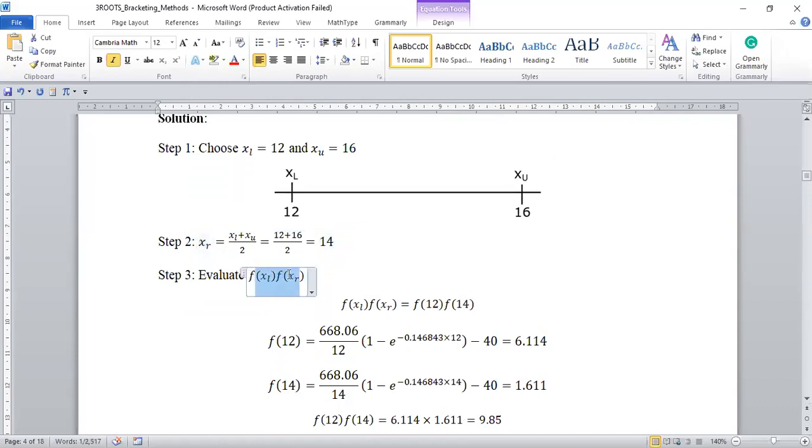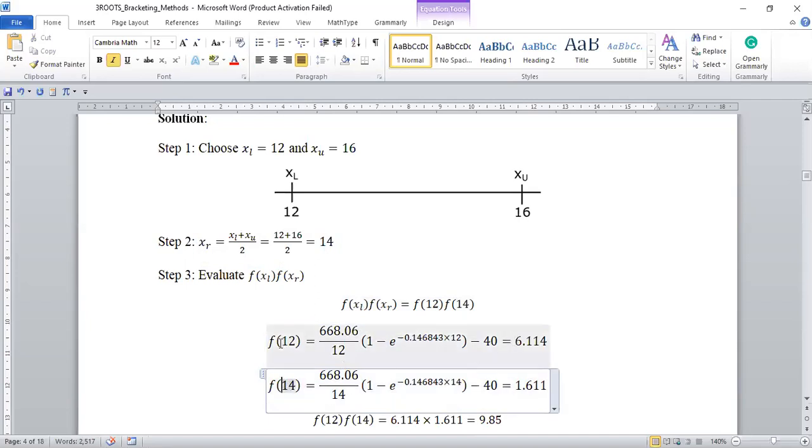Then we evaluate this function, the value of the function at xl and the value of the function at xr. xl, the lower limit, is 12, so you have f(12). Then the root, which we calculated here, is 14. So we put in place of c, 12 and 12, then 14 and 14.